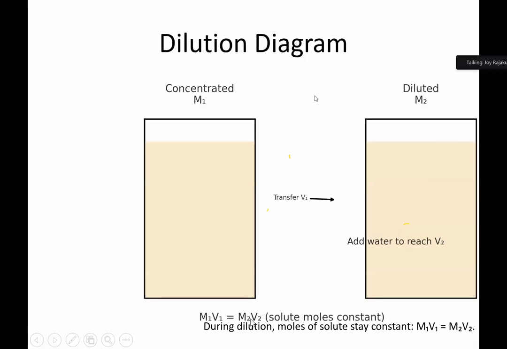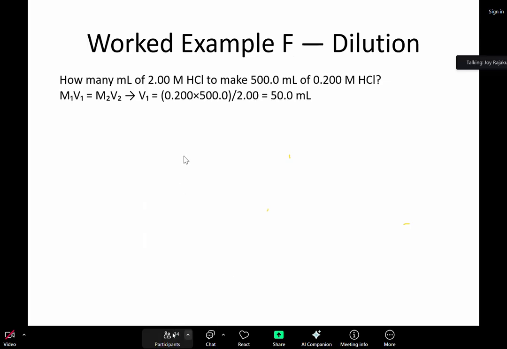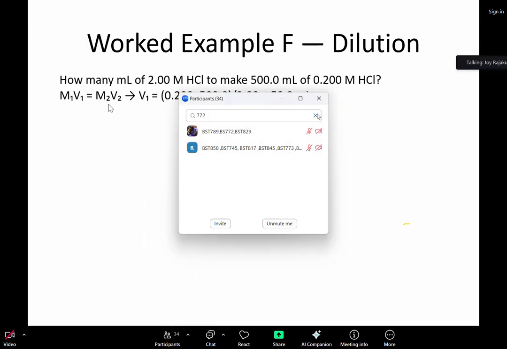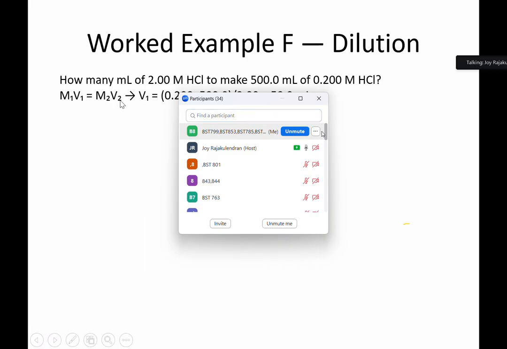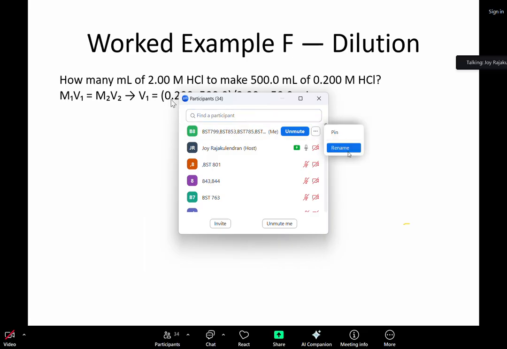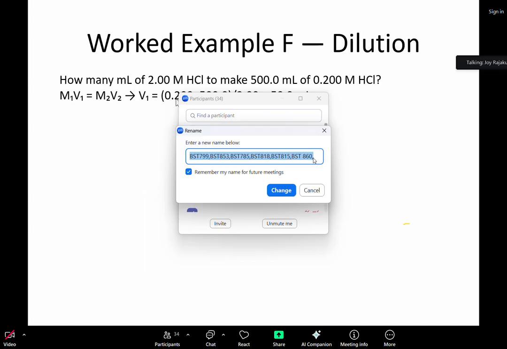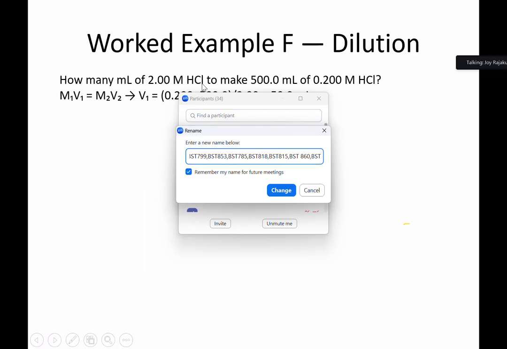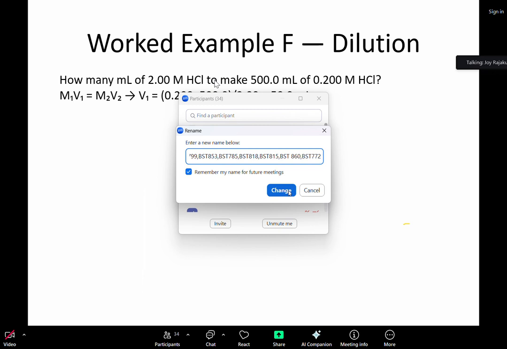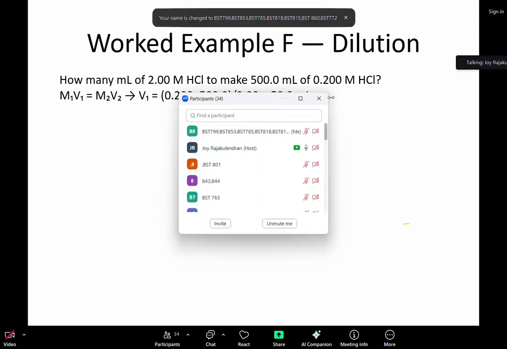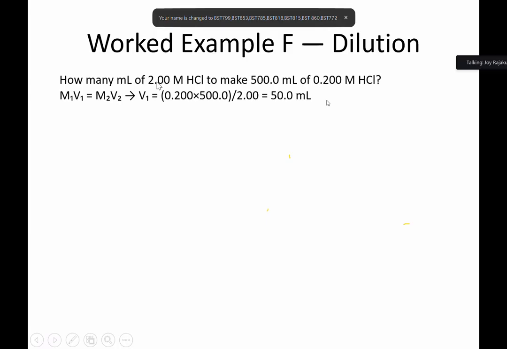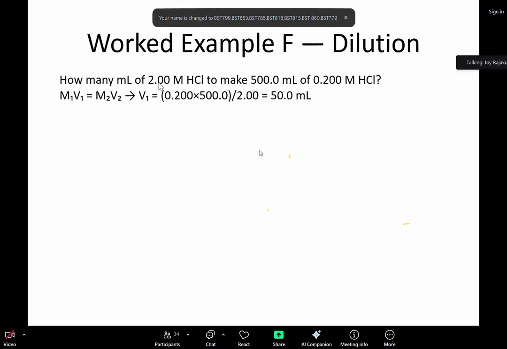So M1 is 0.2, V1 is 500 milliliters. M2 is what you are going to make, 2 M HCl.